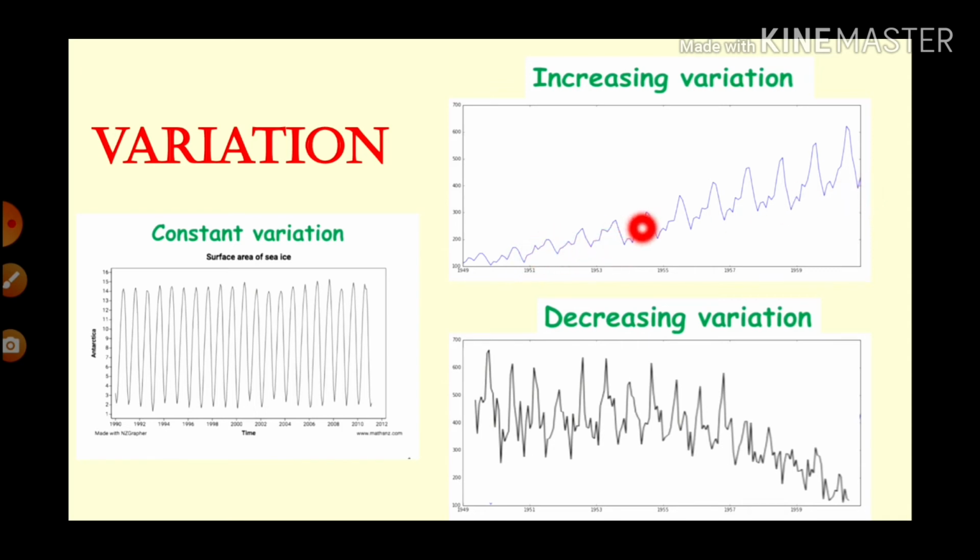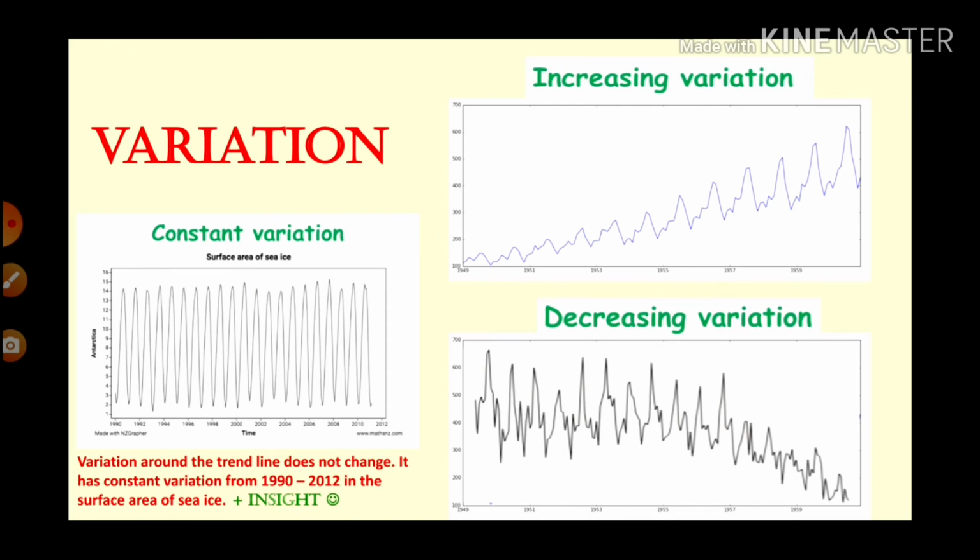There's more variation, an increase in variation as the year goes through, right? Whereas this one is getting smaller, and smaller. So as the years go on, the variation decreases. So I'll say decreasing variation.